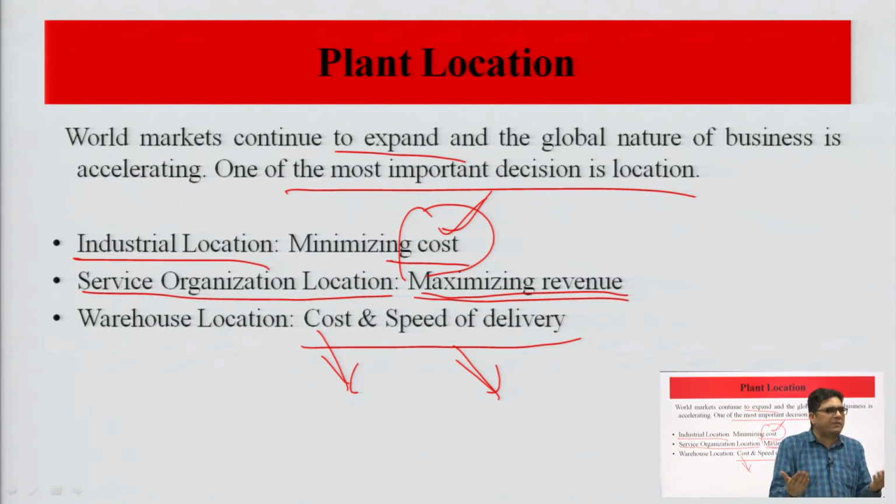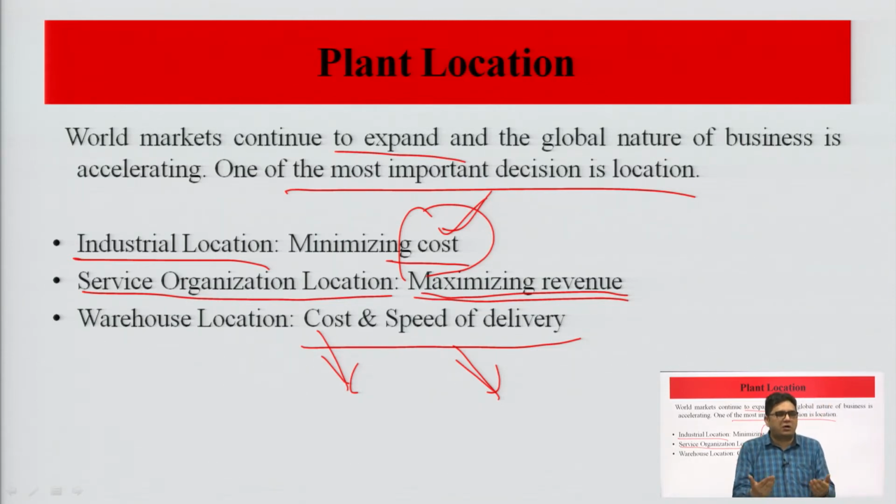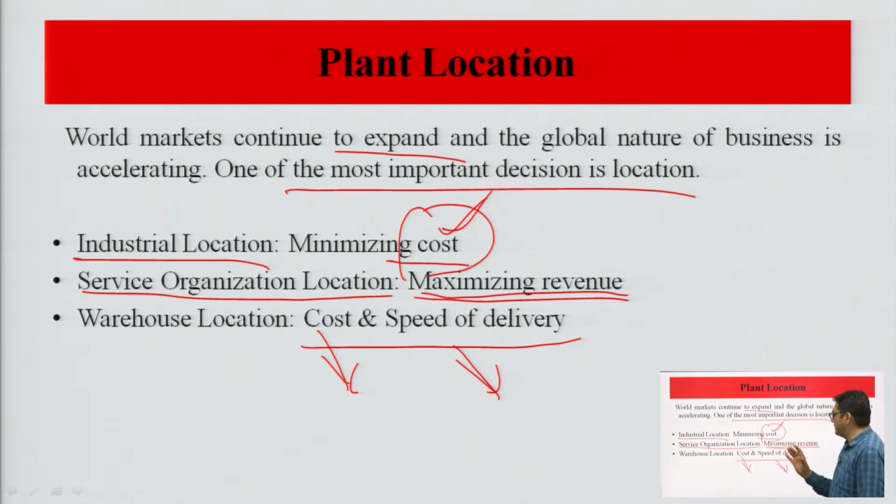From anywhere the demand can come and the companies have to service their customers. So, realizing this, wherever you locate the warehouse, your purpose is to minimize the cost and speed up the delivery. So, the objective of Amazon is what?